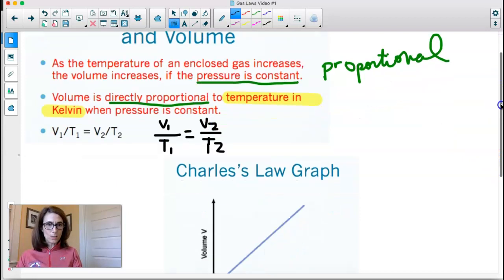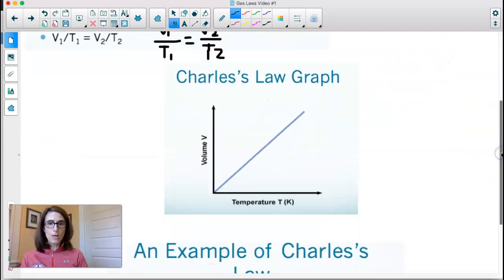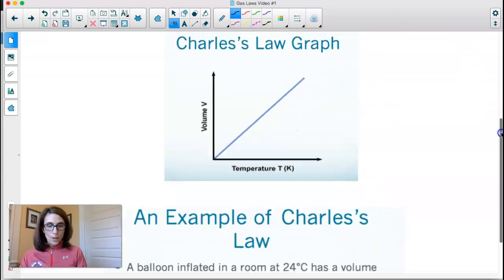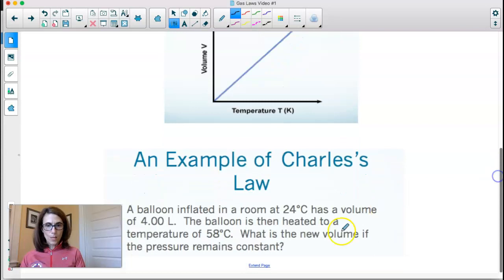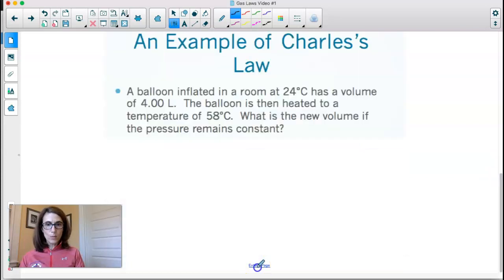All right, so let's look at our Charles' law graph. As volume is increasing, temperature is also increasing. And if you notice, this is a more linear relationship than the Boyle's law graph. And then we will do this example problem here.